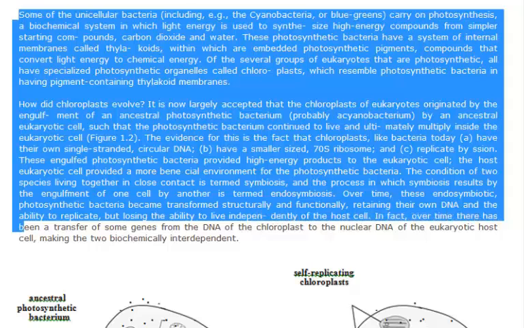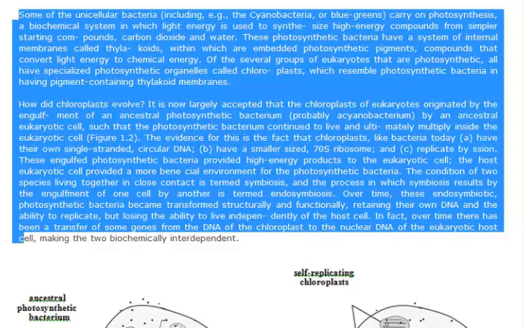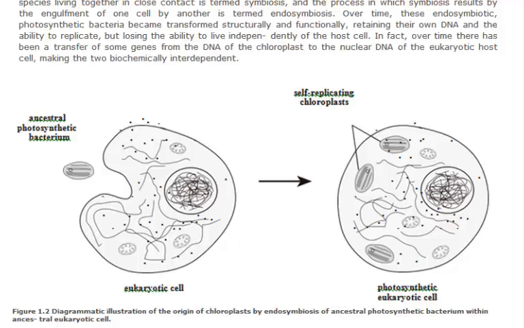In fact, there has been a transfer of some genes from the DNA of the chloroplast to the nuclear DNA of the eukaryotic host cell, making the two biochemically interdependent. Figure 1.2. Diagrammatic illustration of the origin of the chloroplast by endosymbiosis of an ancestral photosynthetic bacterium within an ancestral eukaryotic cell.